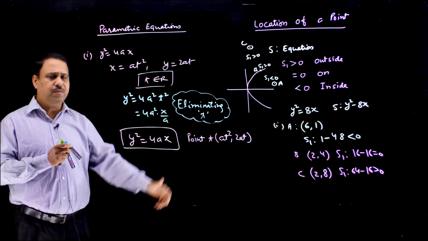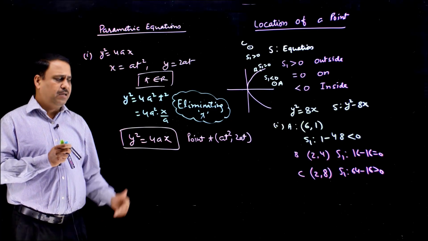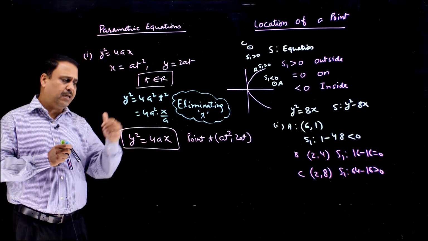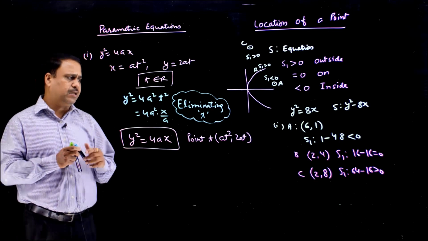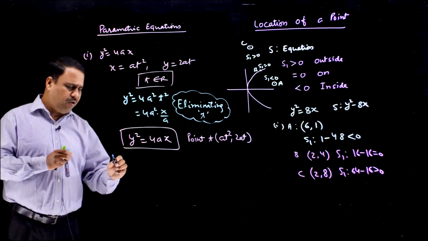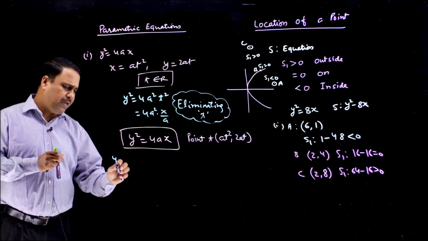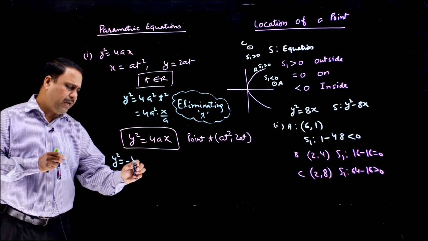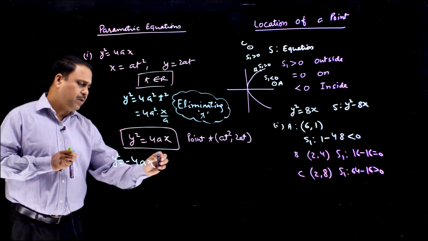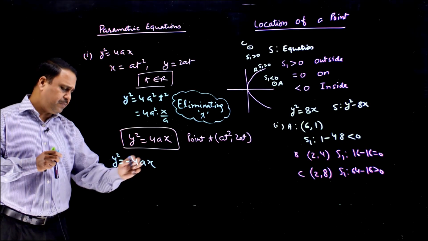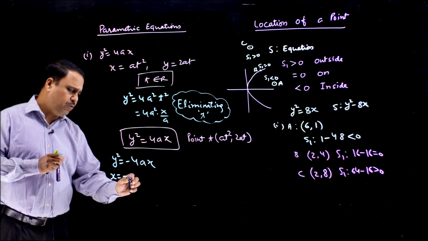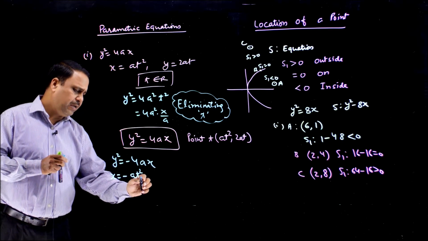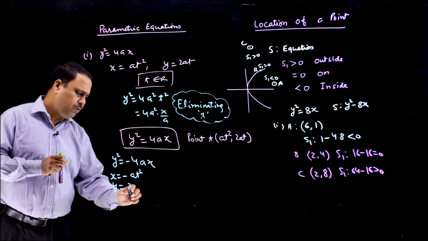We have seen different forms: y square is equal to 4ax, y square is equal to minus 4ax, x square is equal to 4ay, and x square is equal to minus 4ay. For all those forms, for example, y square is equal to minus 4ax, the parametric equation is x equal to minus at square and y equal to 2at.